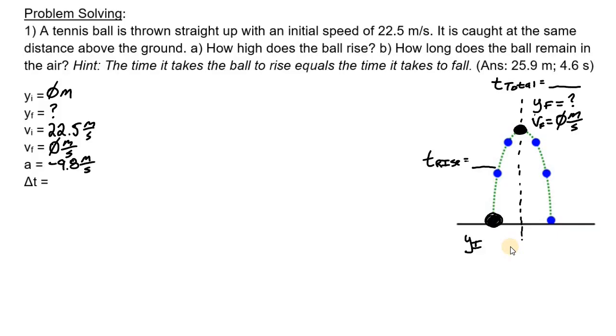If we solve for time, understand that you're solving for the time from here to here. Let's say that this is equal to, let's call it, 3 seconds. If this is 3 seconds from here to here, what is the total time? It's asking us, how long does the ball remain in the air? From here to here, it's 3 seconds. The ball is in the air for a total of 6 seconds, the total time. So that's the reason why we're doing this.